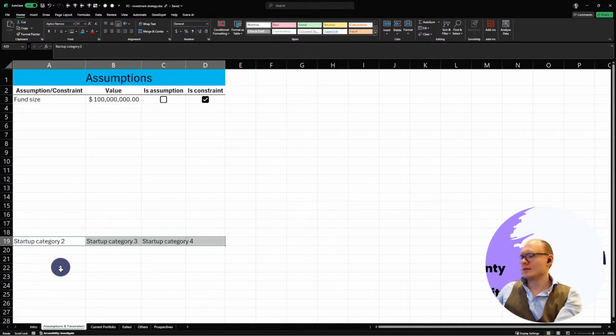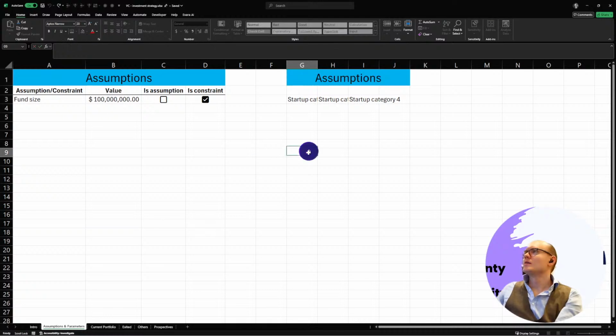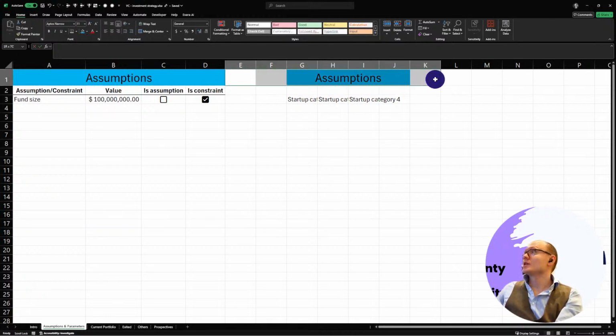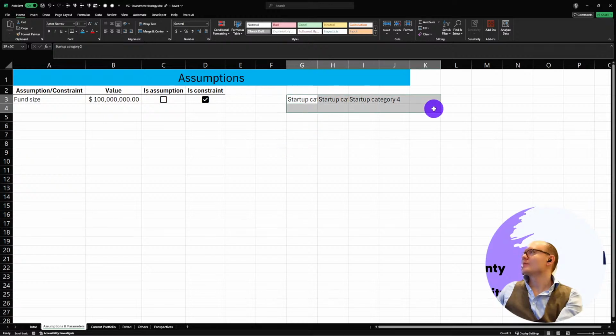I'm going to add that down here. There. So we have multiple assumptions essentially. I think actually what we'll do is we'll take this and just extrapolate this out. Perfect.